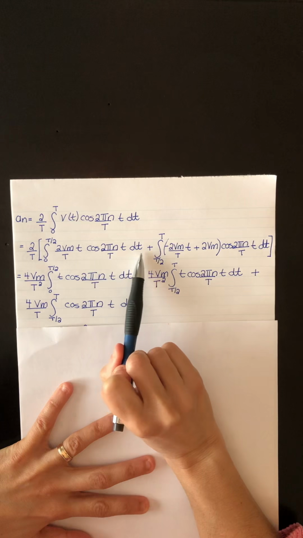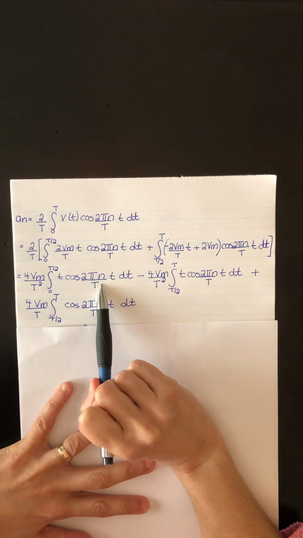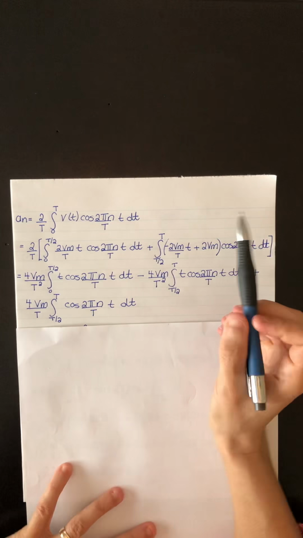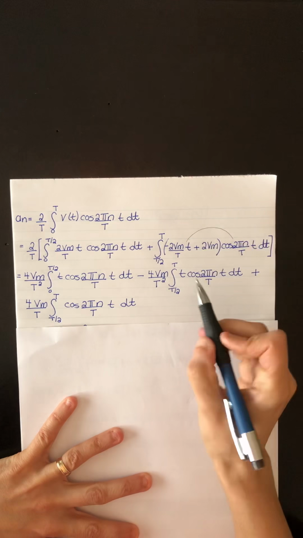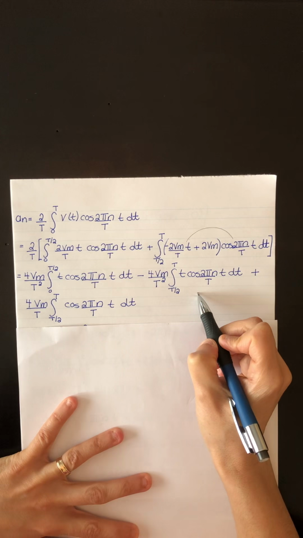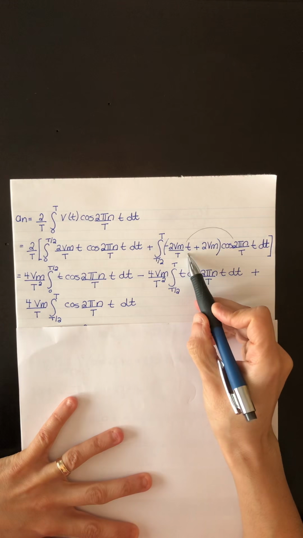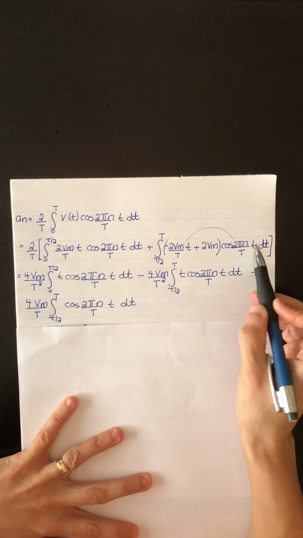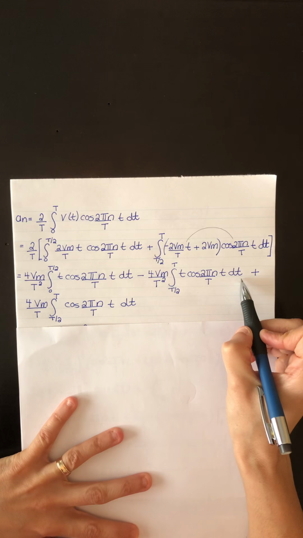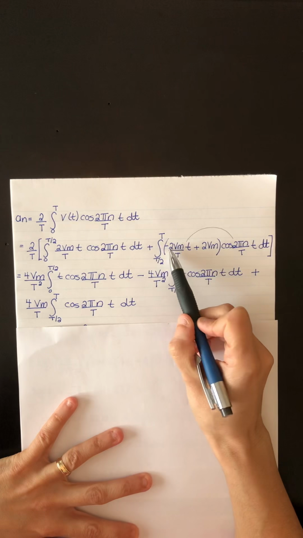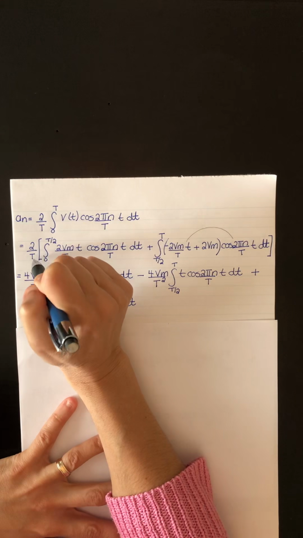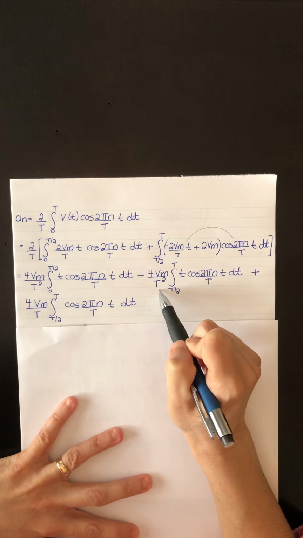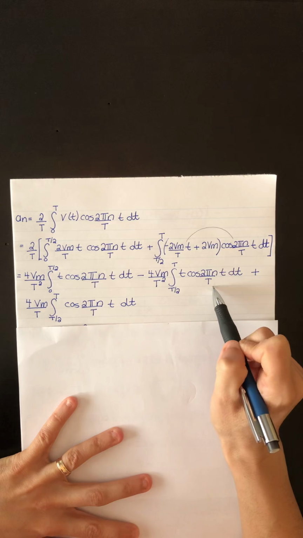And the integral includes t and the cosine term. Then this will form the second integral right here. You see we'll have a t and the cosine term to integrate. As for the constant, I took negative 2 Vmax over t and multiplied it by 2 over t to get the correct constant in front of that second integral.